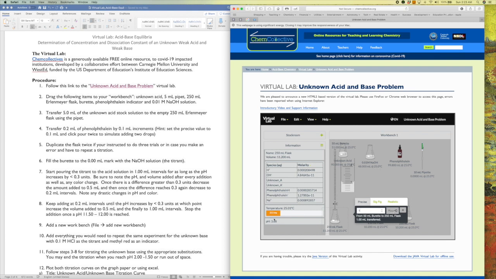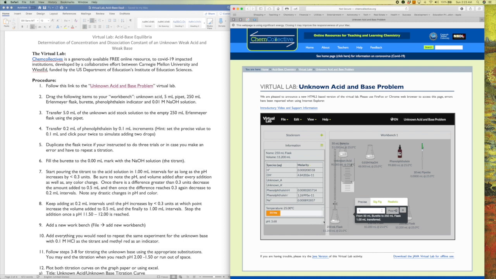Notice the pH of the flask has changed from 3.3 to 3.68. And here it shows that the volume in the burette has decreased by 1 ml, and the volume of the flask has increased by 1 ml, right? It was 10.2 milliliters. Now it's 11.2 milliliters. And so we've added 1 ml.